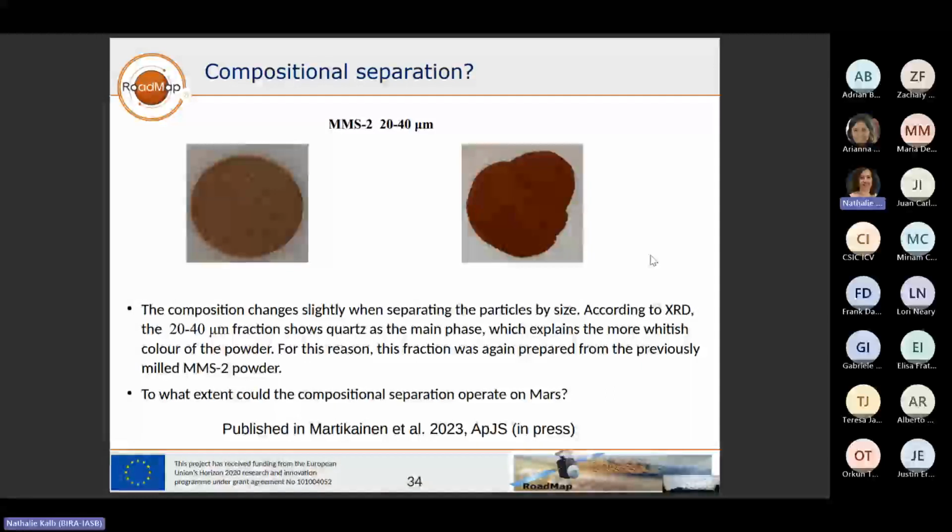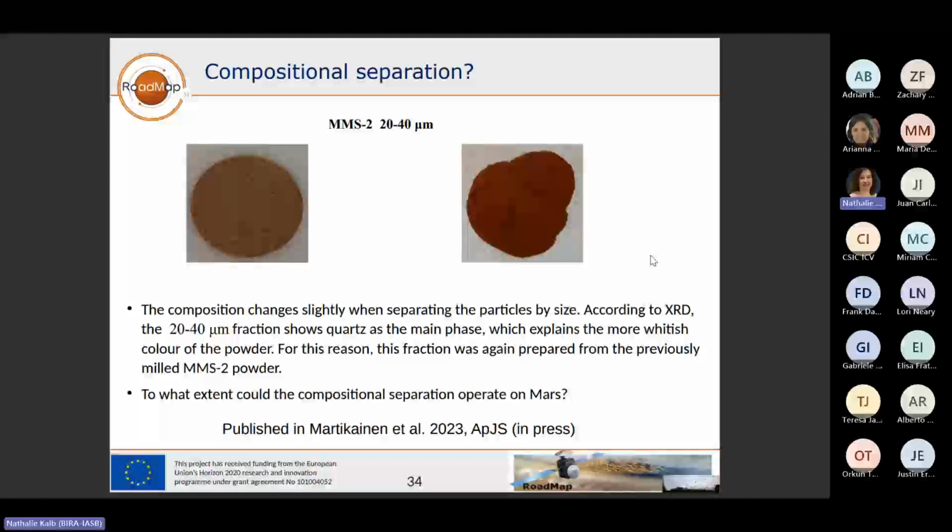And this is something I want to talk more about because it's better if you look at the other screens again, because this is really important to see the different colors. So this is what happened with the MMS2 samples when the people at the ICV were trying to produce the small particle size distribution.